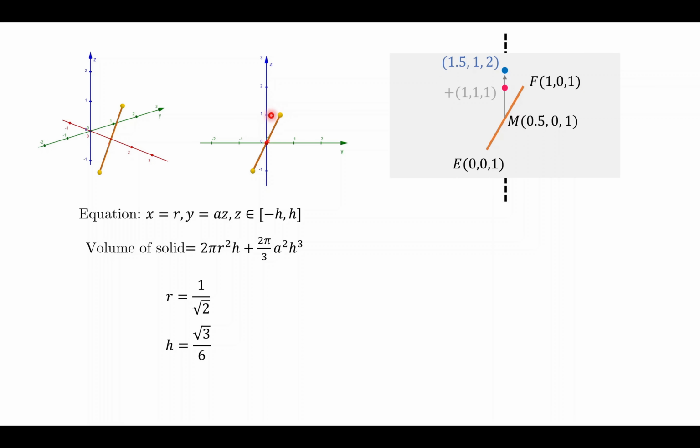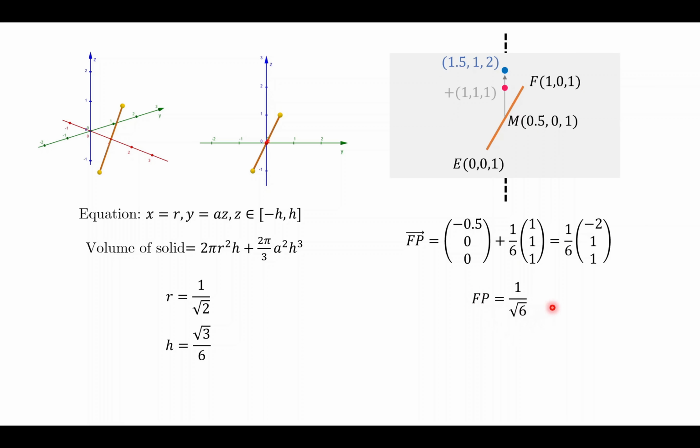We can take the ratio of this length over this to get A, because for every 1 unit that z increases, y increases by A. So if we can find the length of FP and divide by PM, we'll get the value of A. Thankfully, we can already find the length of FP, because we just plug in the C that we found previously, and we have the expression for vector FP, so the length FP is just 1 over square root 6. And so if we take, as I mentioned, the ratio of FP to the vertical height, we actually get A, which is square root 2 in this case.